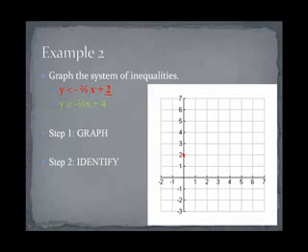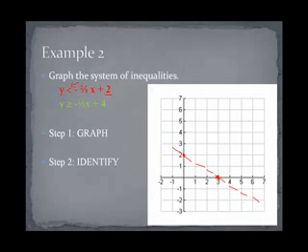My slope is -2 over 3, so I'm going to go down 2 to the right 3. Now we ask ourselves, is it a dotted or solid line? This is just a less than, so we know that we have a dotted line through these points. So we make our dashed line.